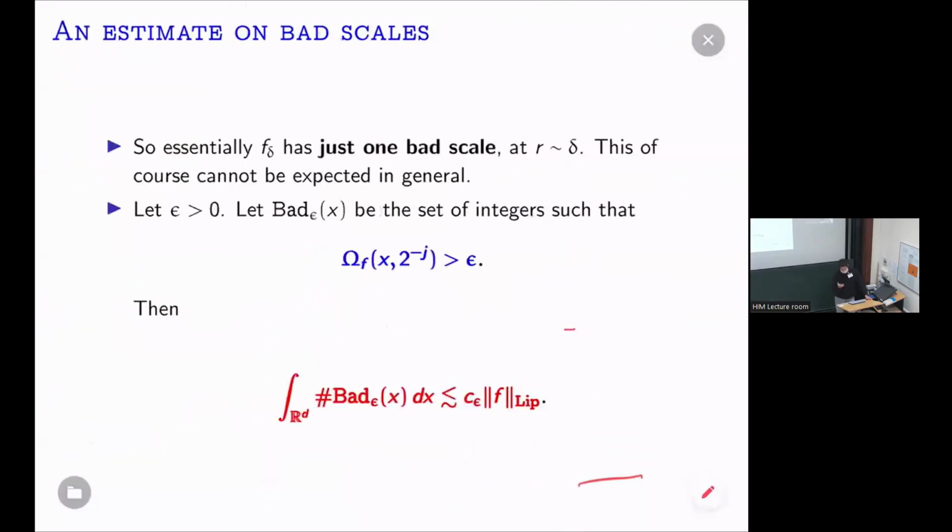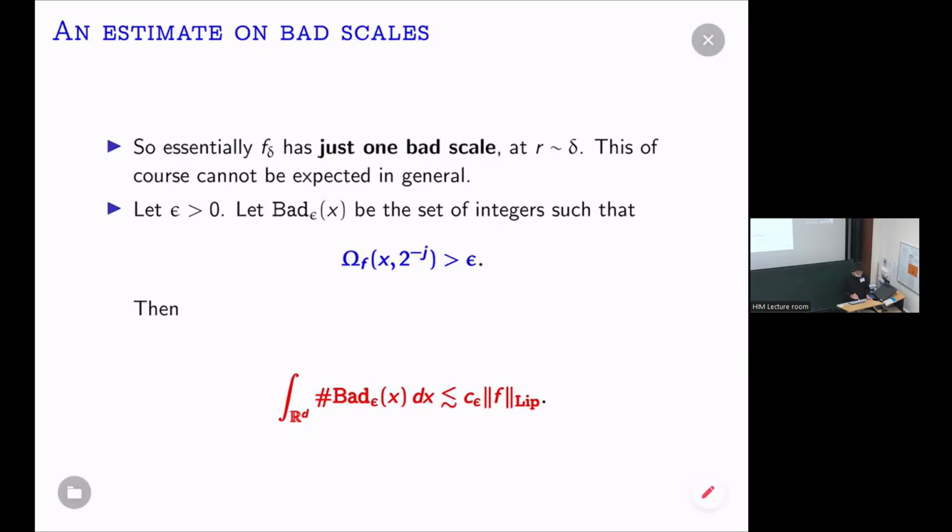So what this silly example says is that this f_delta has just one bad scale. And of course we cannot expect this to be generally true for a Lipschitz function, because we can take a sum of these f_delta for different delta, and we have as many bad scales as we want. But the following is true.